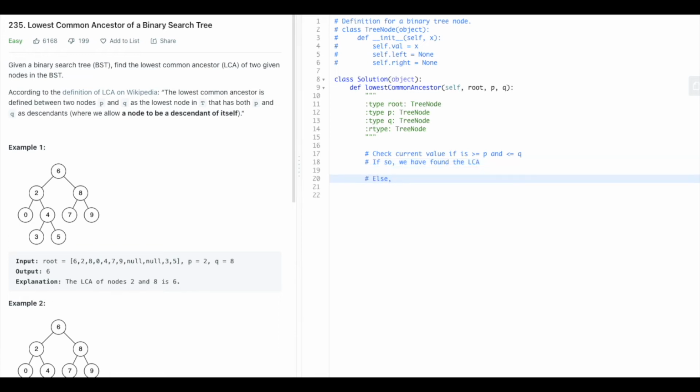Else, we check if my current value is greater than Q. That means I'm too far to the right, so I have to visit the left side of the subtree, so I recurse left. Else, I need to recurse right, because the LCA will lie on the right side, since right now the current root I'm looking at is too small.